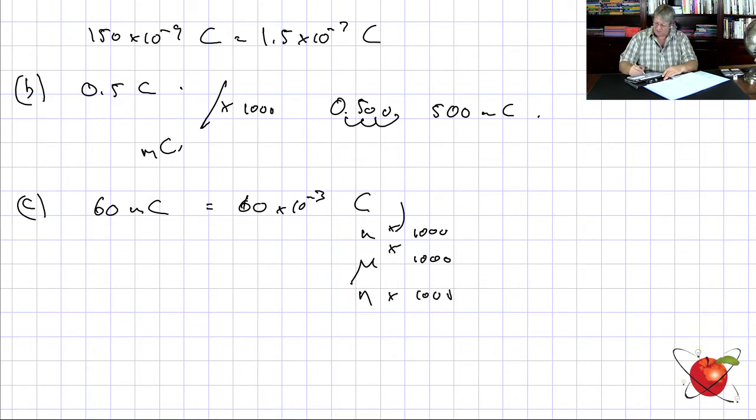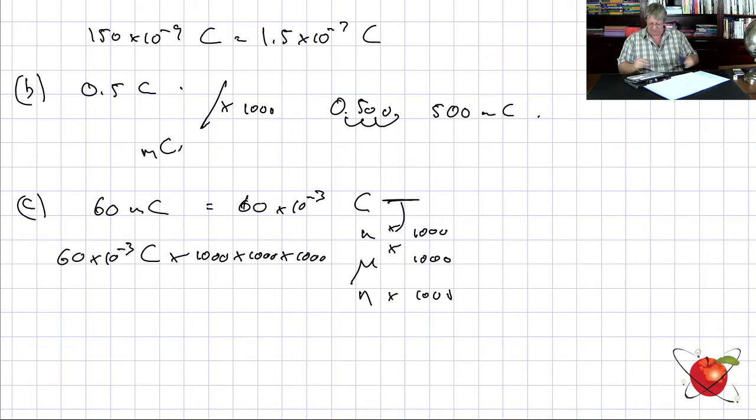Can you see, I just went to coulombs first. Milli is 10 to the minus 3 coulombs. So therefore we're going to say it's 60 times 10 to the minus 3 coulombs multiplied by 1,000, by 1,000, times 1,000. And if we do that, let's just do it together.